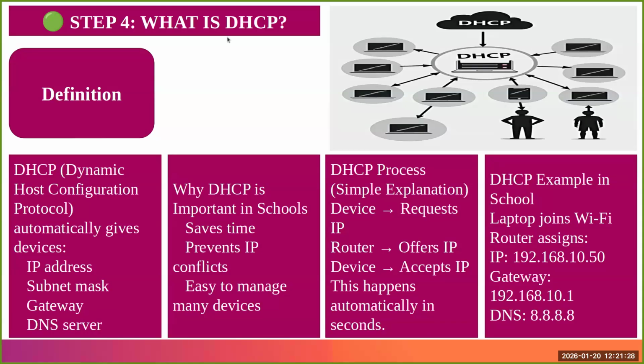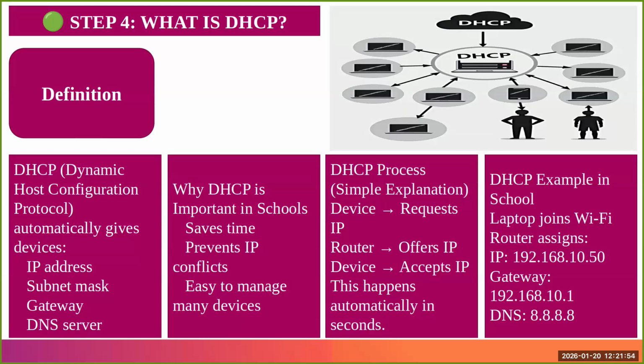Now, we want to look at what is DHCP. DHCP stands for Dynamic Host Configuration Protocol. That means that hosts, all the devices connecting to the network, are dynamically configured. They are automatically configured. So there is a protocol in the router, a set of instruction. Protocol actually stands for set of instruction.